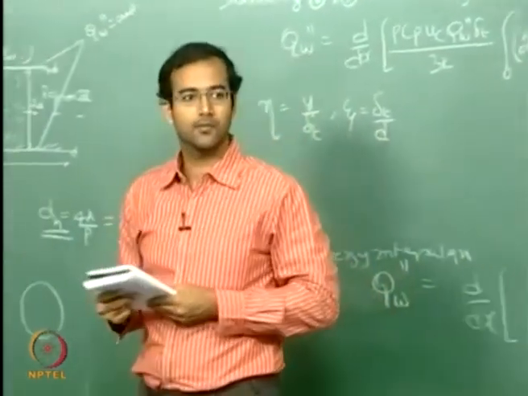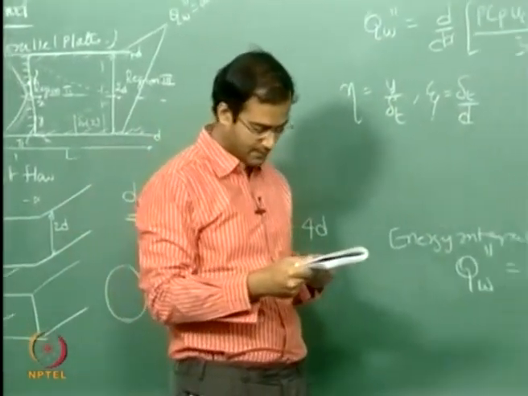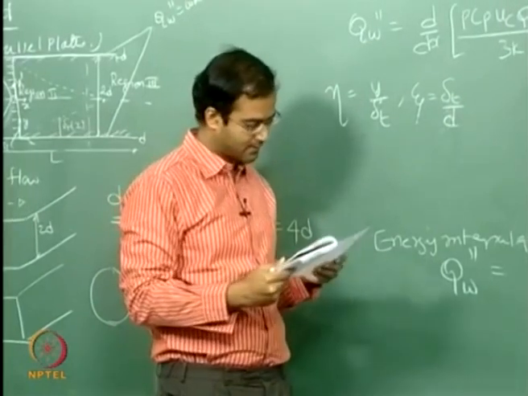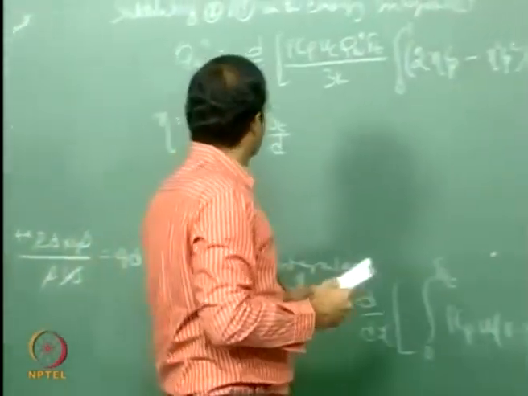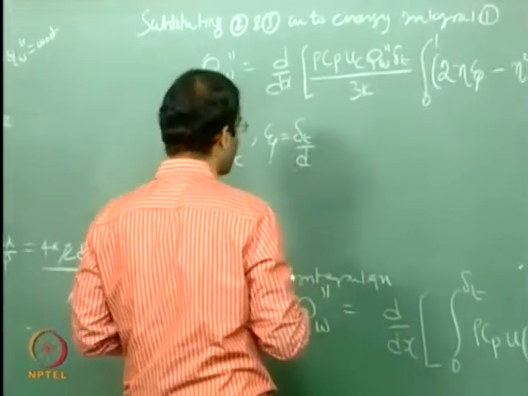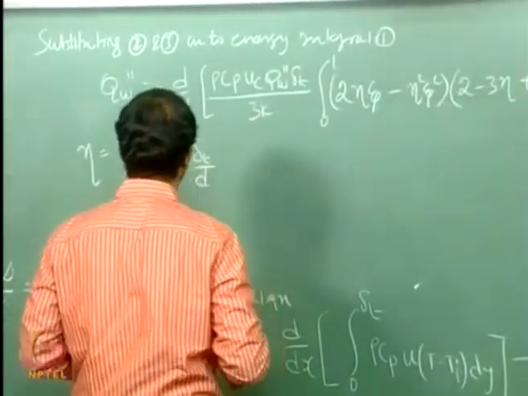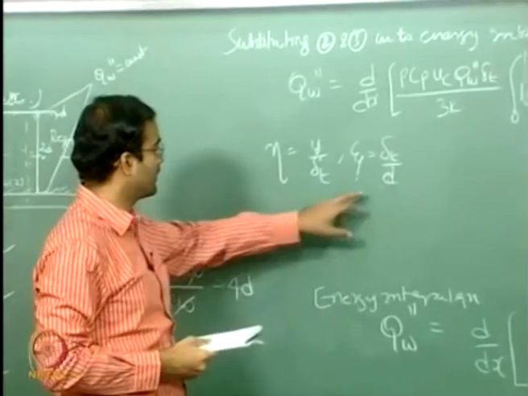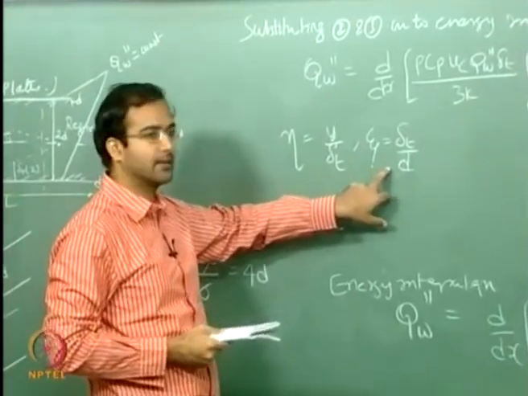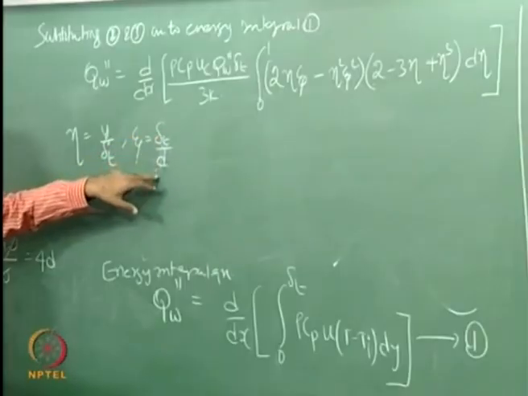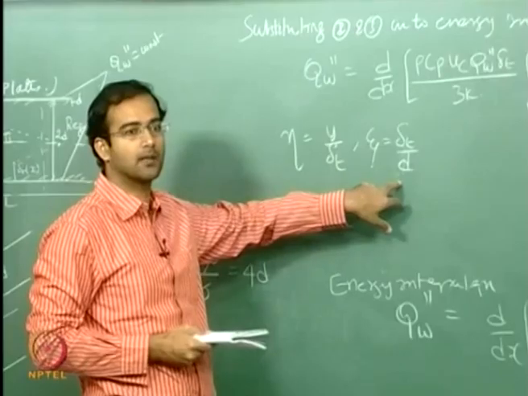Okay, so now you have to simply integrate the resulting equation. What you can see is that for the boundary layer approximation to be valid, your delta t upon delta, that is your zeta, should be small.